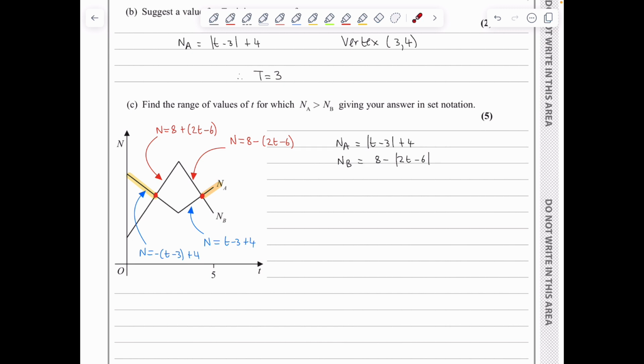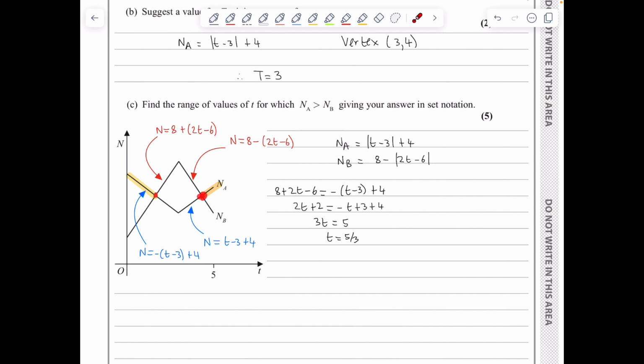Now to find this part here, I'll be equating the 8 plus 2T minus 6 with the negative T minus 3 plus 4. So we've got 8 plus 2T minus 6 is equal to negative T minus 3 plus 4. So 2T plus 2 is equal to minus T plus 3 plus 4, leading to 3T is equal to 5, and therefore T is 5 over 3.